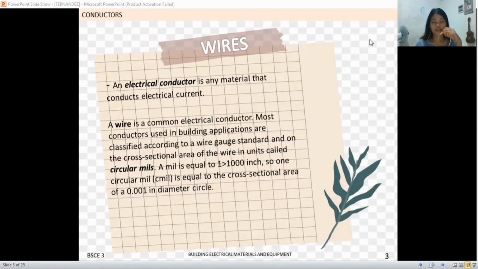So let's discuss the connection between insulator and conductor so that we can understand what a conductor really means.